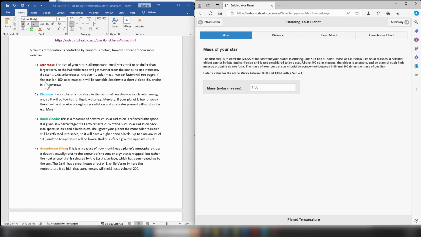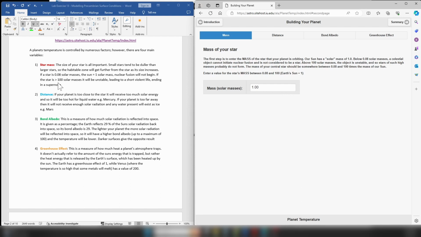So if your star is 0.08 solar masses, where the sun equals 1 solar mass, nuclear fusion will not begin. So we know there's a minimum size required for your star to actually be a functioning star. So our value for the mass of our star has to be greater than 0.08 solar masses.